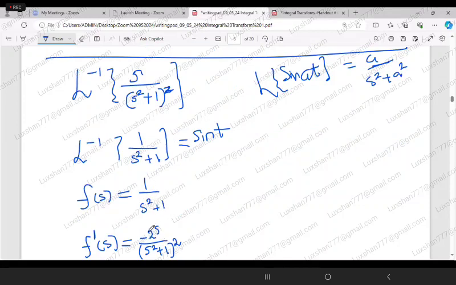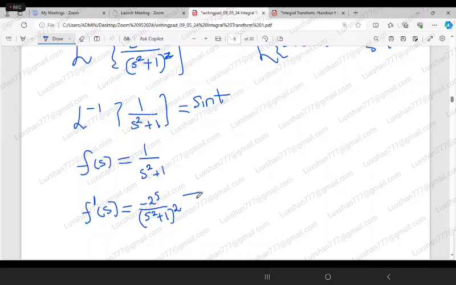But in addition, we have minus 2. Therefore, from this we can say that the inverse Laplace transform of minus 2s over (s squared plus 1) all squared equals what?